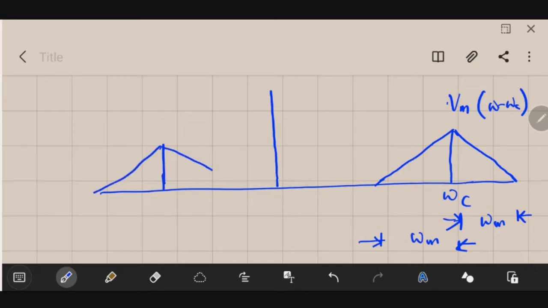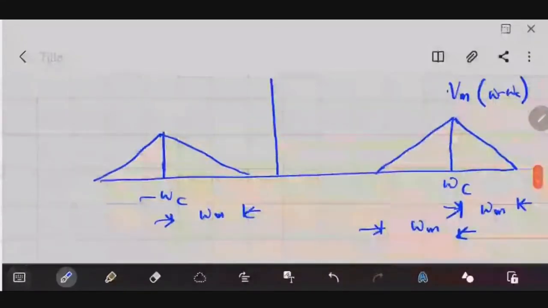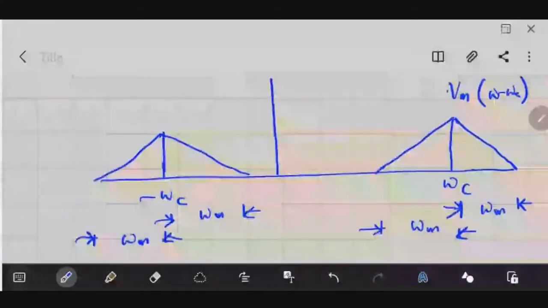So it will be like this here. This is your minus omega c, and here also the widths will be the same. This is your omega m, and here also the width is omega m. So Vm of omega plus omega c.